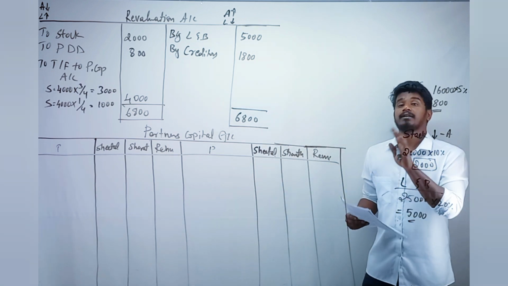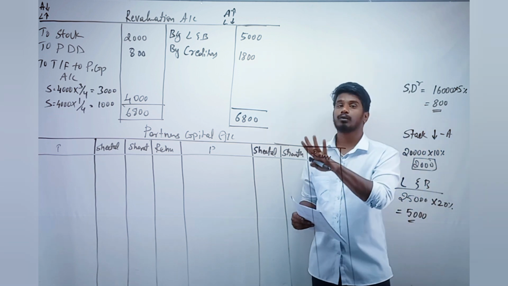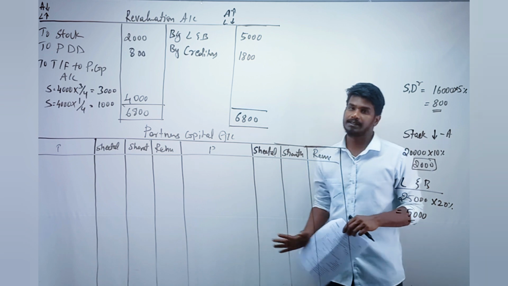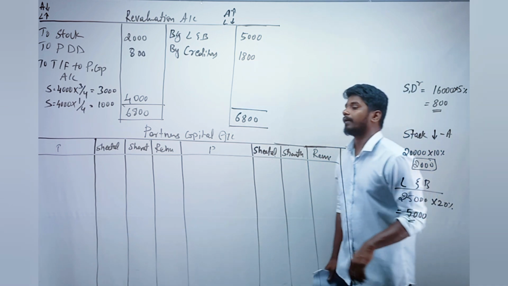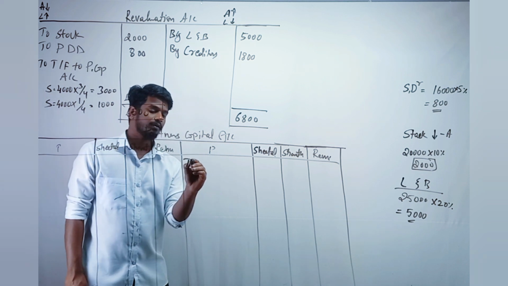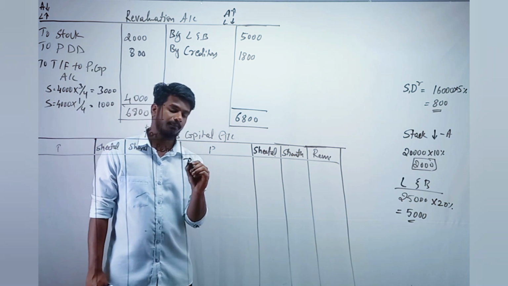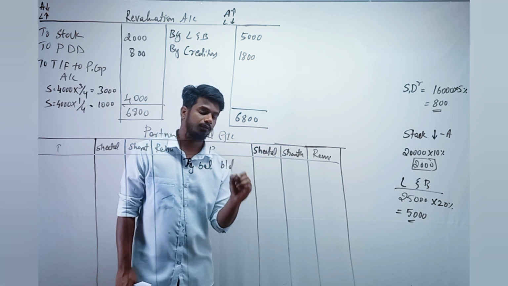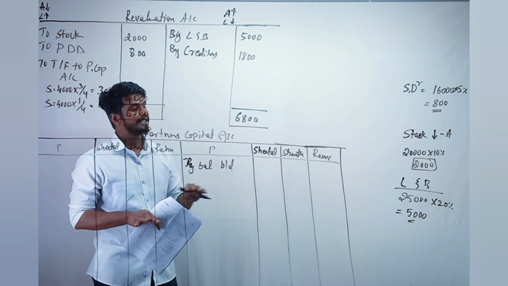The third thing is goodwill, and the fourth thing is the revaluation account balance. Let us start. The first thing is by balance brought down.